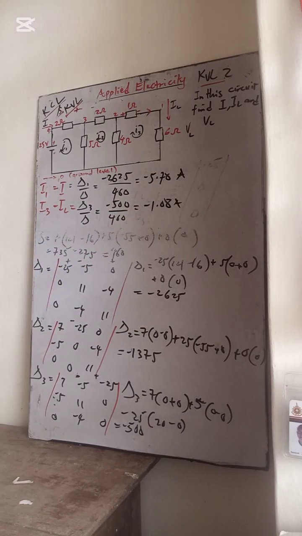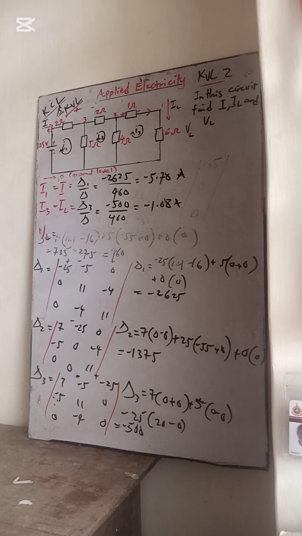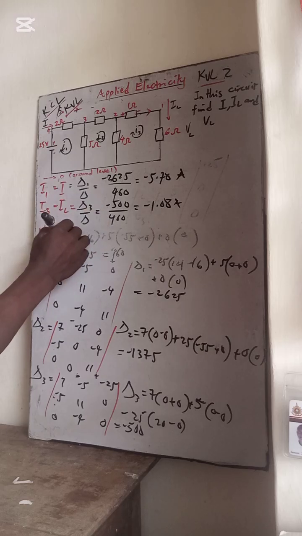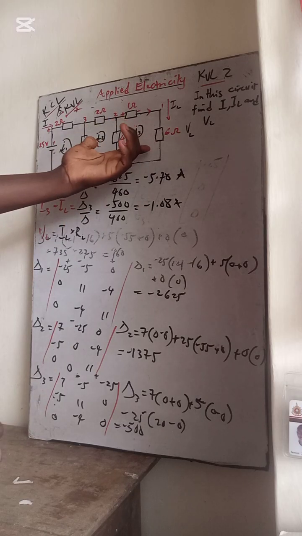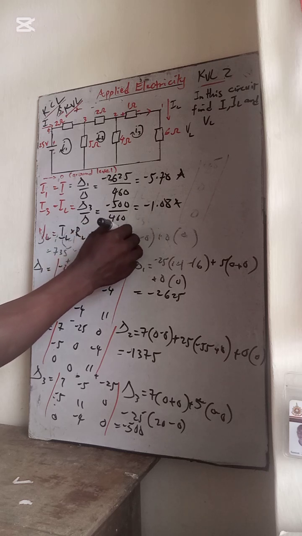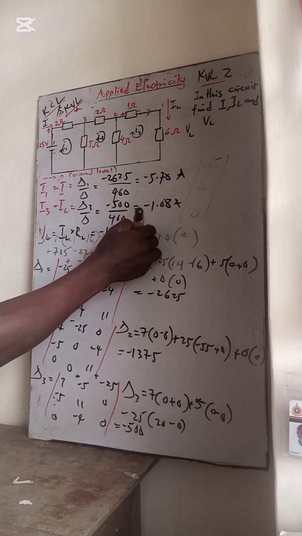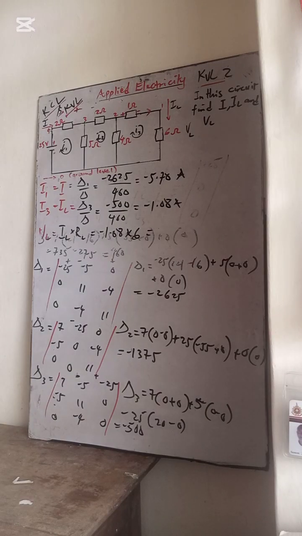So for the last one, what will be our VL? Since V is equals to IR, VL will be IL multiplied by R, you can say RL, and it's still R3. So you can multiply it like that. Since our IL is minus 1.08, multiply it by 6, that will give us our voltage.